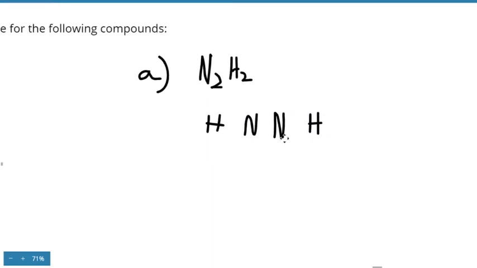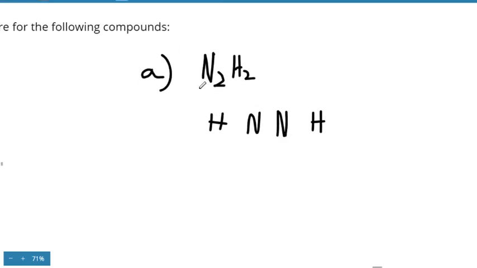So now that we have these, the trick is to first count up how many electrons the atoms want. So what this means is we add all the valence electrons each atom needs.